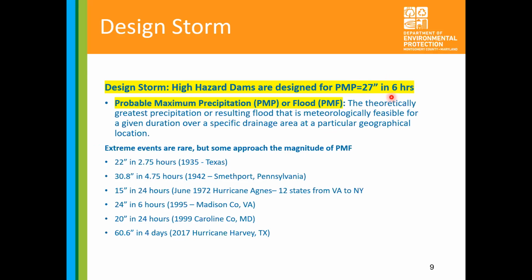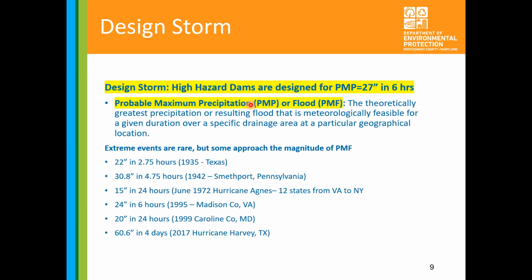Sometimes it's hard to imagine this much rain in such a short period of time. This is the reason why high hazard dams are designed to these higher standards, because we don't want these dams to fail.